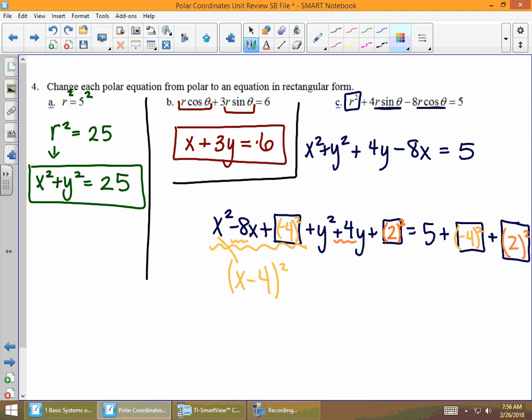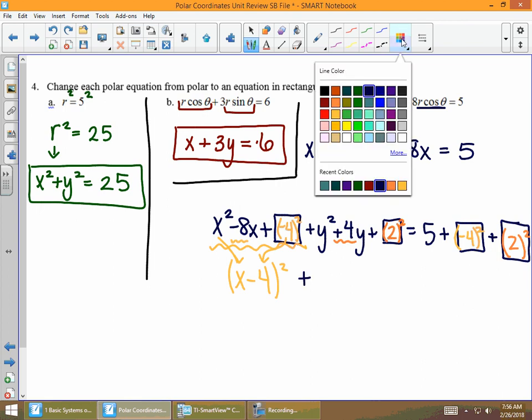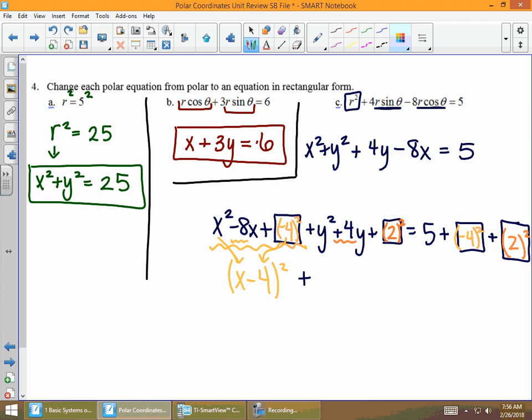You take one of the x's and one of the negative 4's, and you're done. Same thing with your y's. If you leave it in this squared form, you don't have to think about how to factor it. You can just bring one of your y's, one of your positive 2's, and you're in factored form.